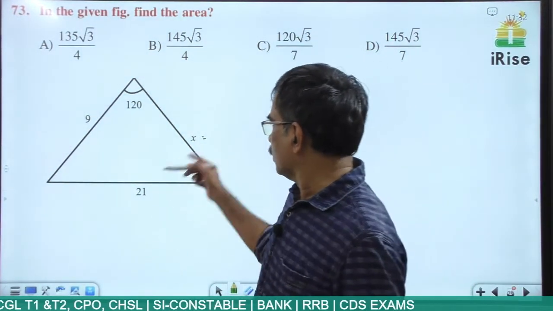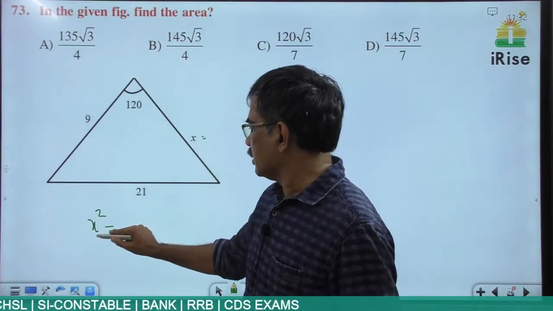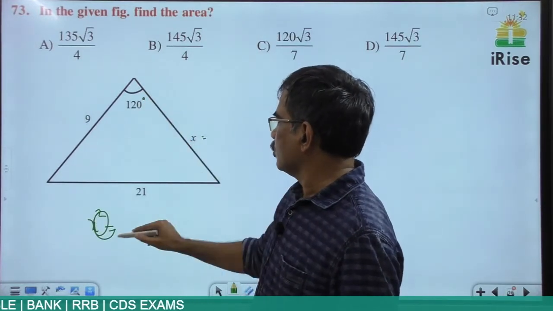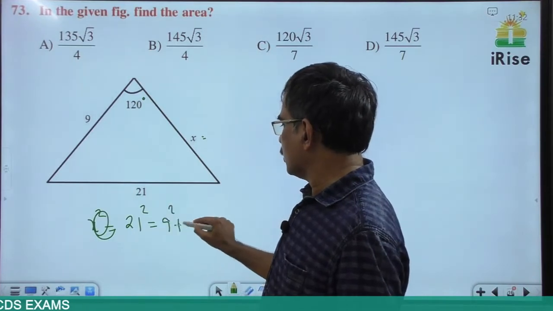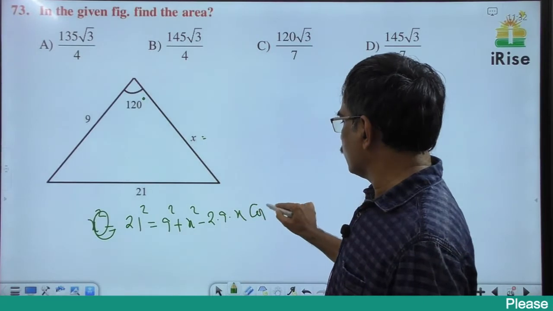What is the cosine rule? These adjacent sides, this is the angle. So 21 square is equal to 9 square plus x square minus 2 into 9 into x into cos 120 degrees.